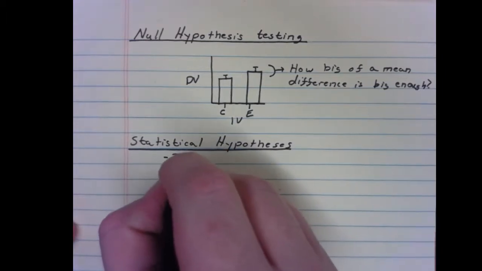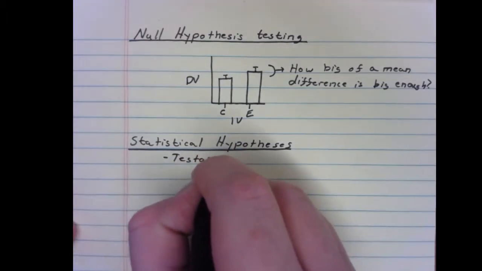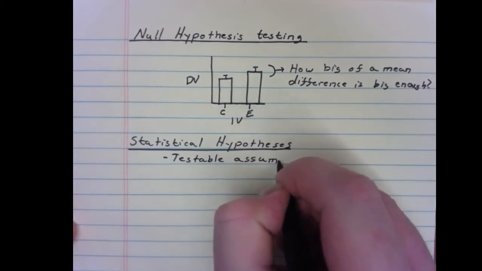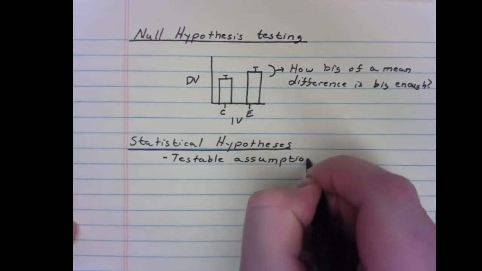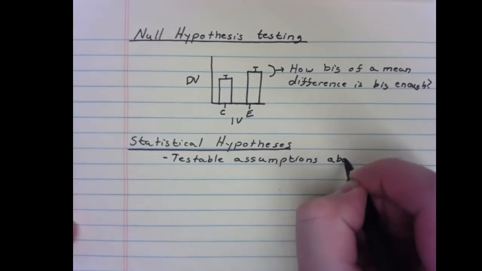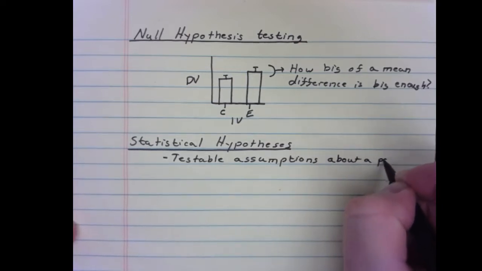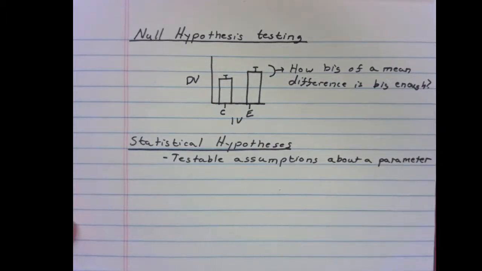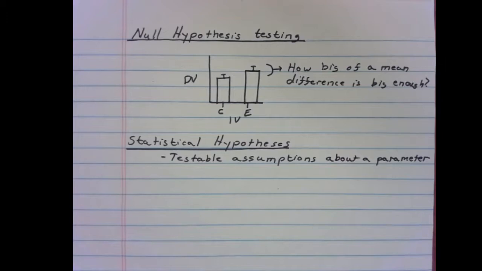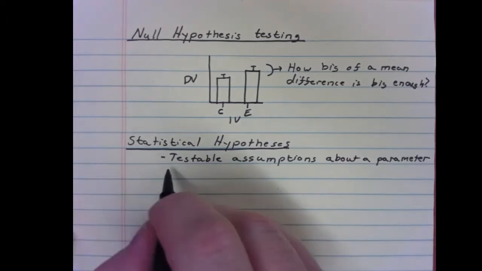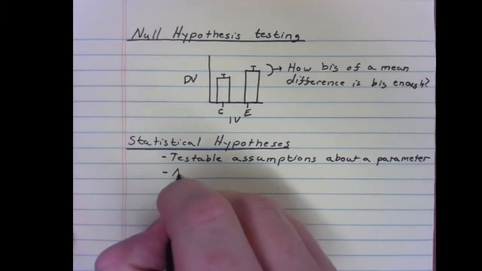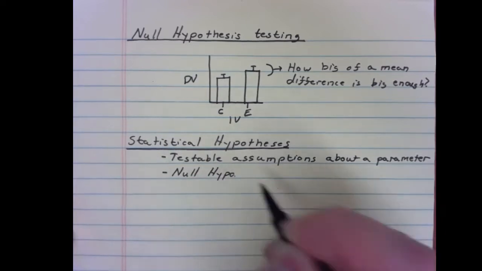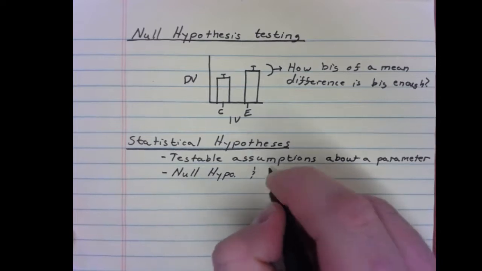Specifically, they are testable assumptions about a population parameter. Now, there are always two. There is always the null hypothesis and the alternative hypothesis.